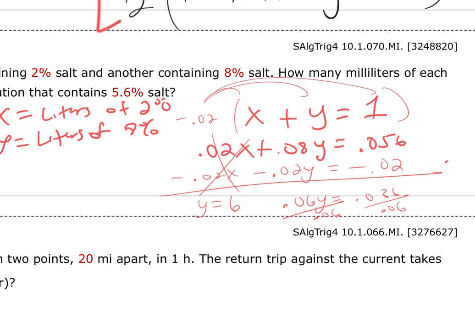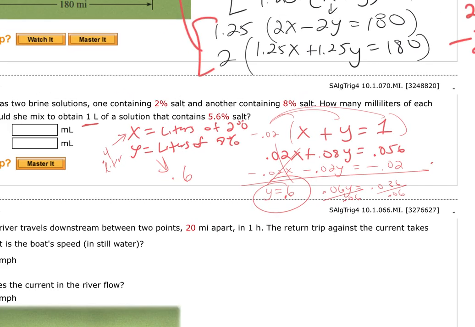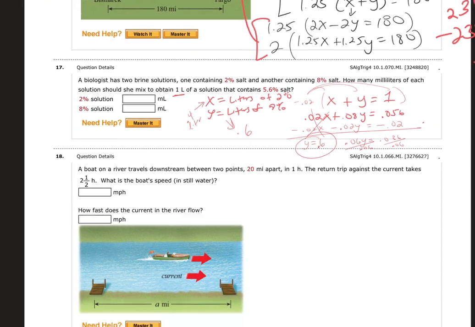So there it is. So we have 0.6 of y, and we need a total of 1 liter, so that means that x must be 0.4 of a liter. If I add those together, I will get 1 liter, and that liter will be 5.6% salt.